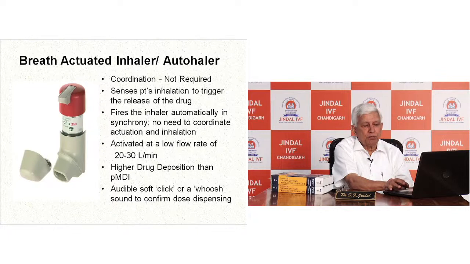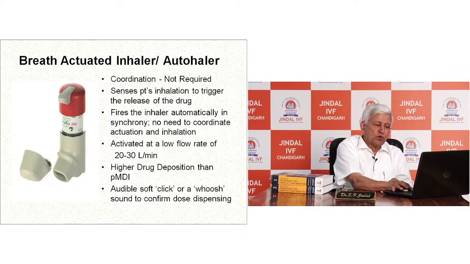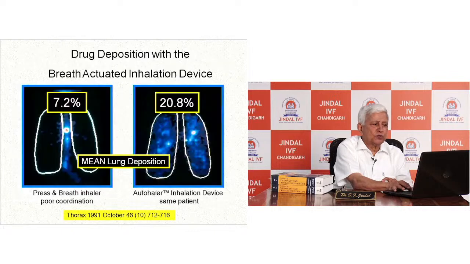And they have a high drug deposition rate. Fortunately, most of the inhalers are now available as autohalers, and they at least take care of the coordination problem, you see. And you can see here the drug deposition increases significantly with the autohaler.